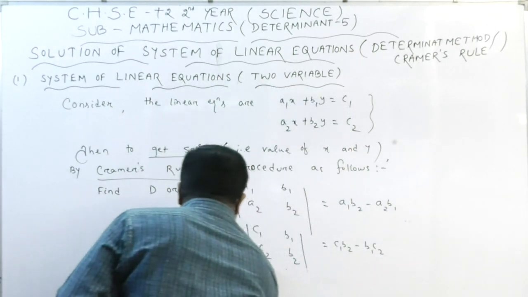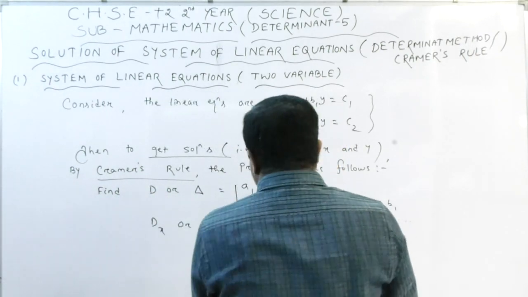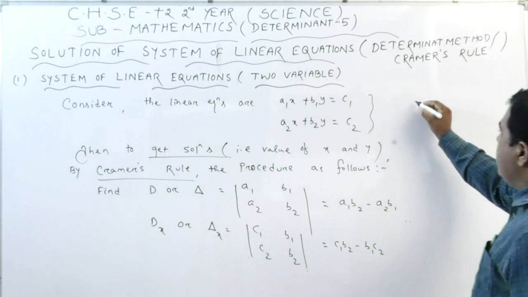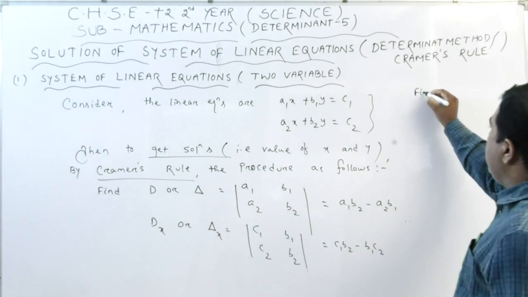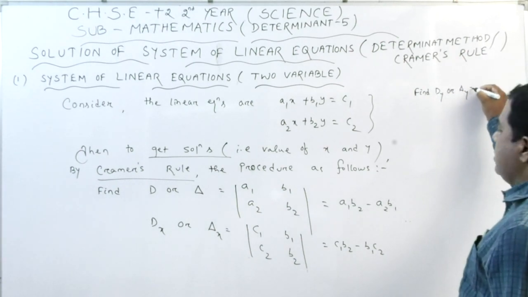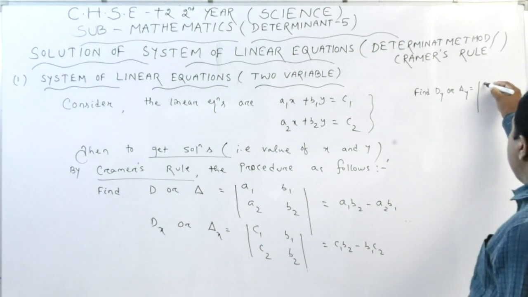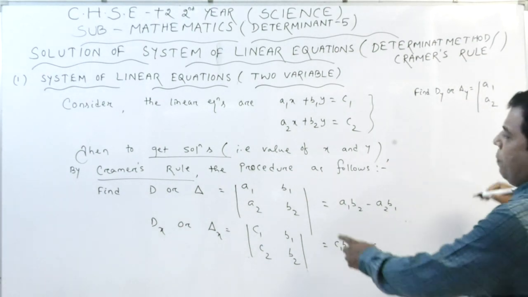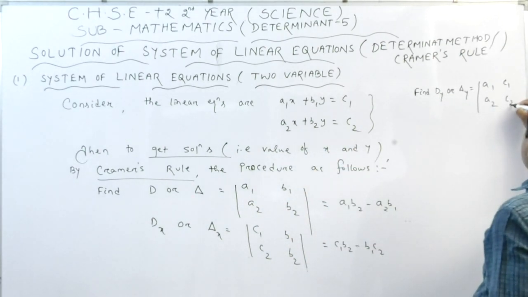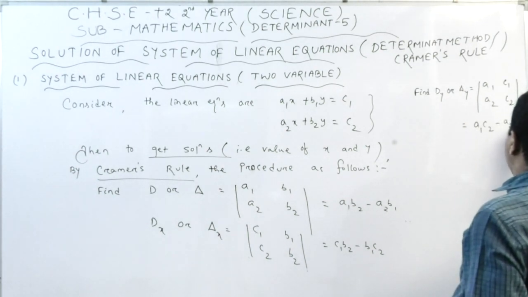Similarly, we have to find Dy or del y, which contains a1, a2, and we replace the coefficients of y by the right side values, that is c1, c2, and its value is a1 c2 minus a2 c1.